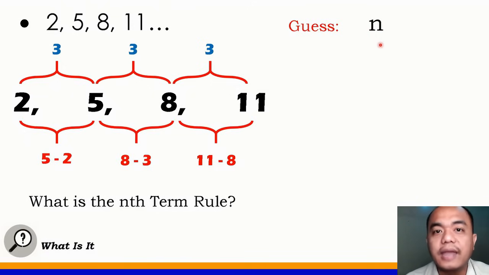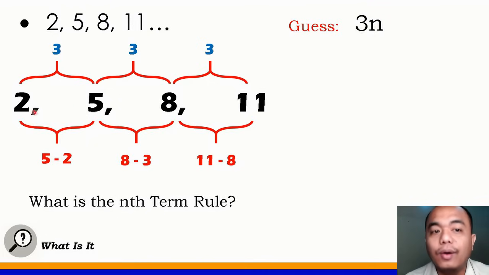The n here stands for the term number. And then, the 3 here stands for the common difference. Since our first term here is not equal, hindi pareho ang first term natin at saka yung common difference, ibig sabihin, may kadugtong pa yung n term natin dito.